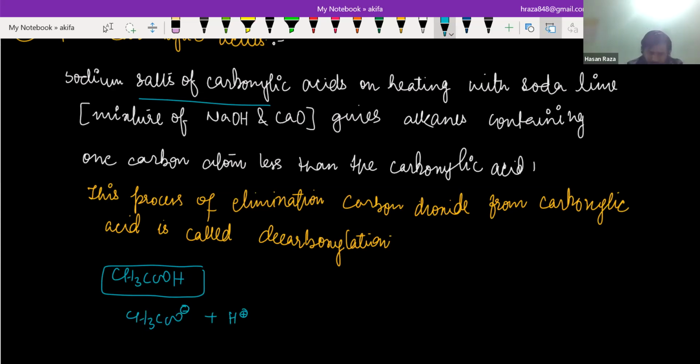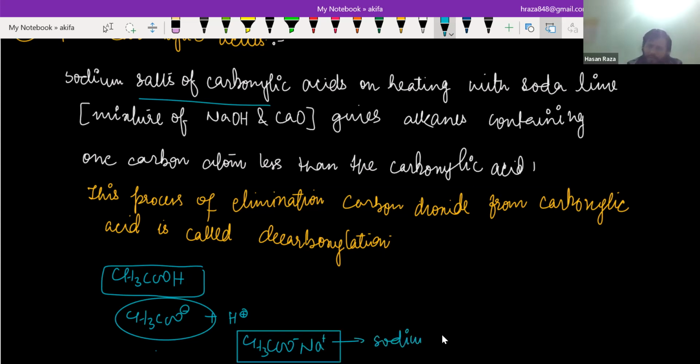In the same way, when we put this in a solution of sodium, it will be like this. This is called sodium salt of carboxylic acid. Got it? The negative ion will attract the sodium Na positive, and it will form sodium salt of carboxylic acid, and the reaction proceeds.